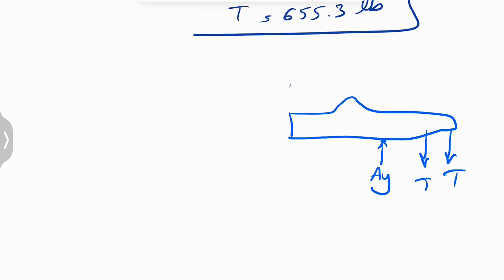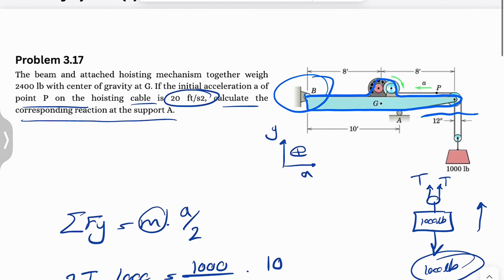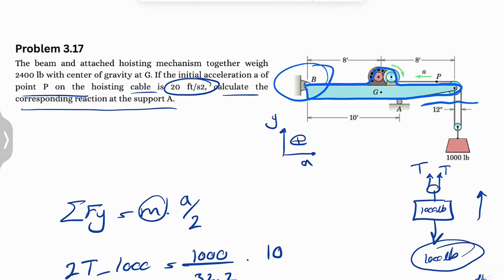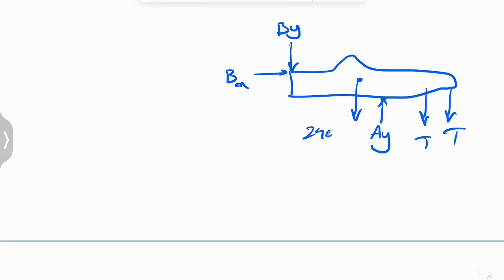There is also a reaction or normal force at this support, which is a pin, so we can consider BX, BY, and also we have the weight of this beam, which is 2,400 pounds, so 2,400 here.